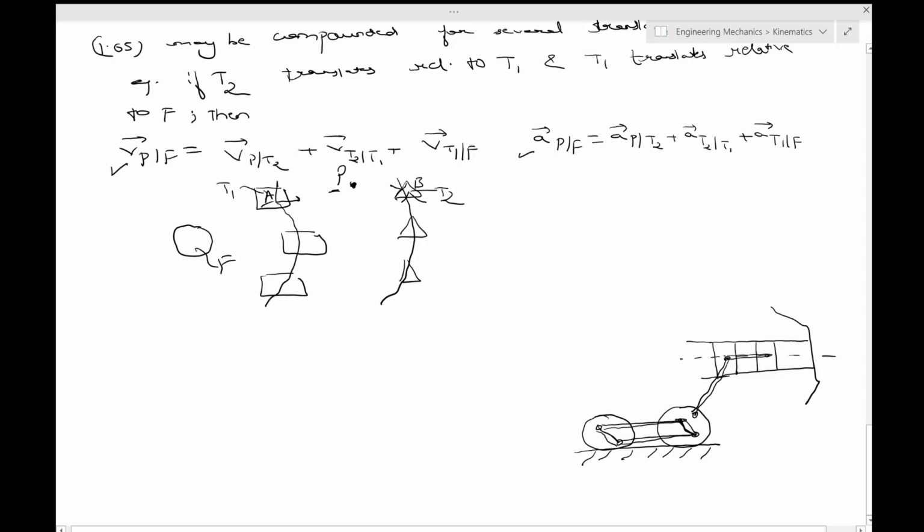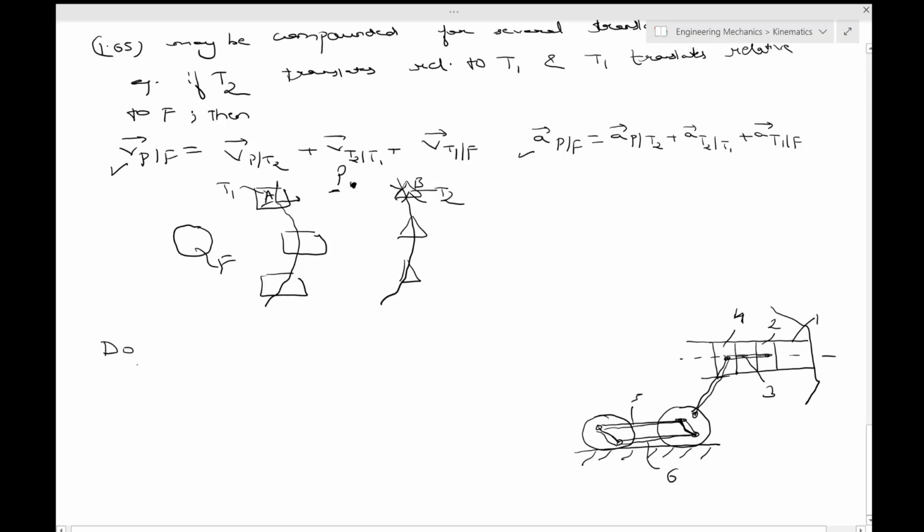Think of it like an engine which is trying to move a vehicle or a locomotive, train, something like that. Let me show you all that frame. So let's call this the 1, 2, 3, 4, and then we have 5 and 6. Okay, so let's see how we can describe this.